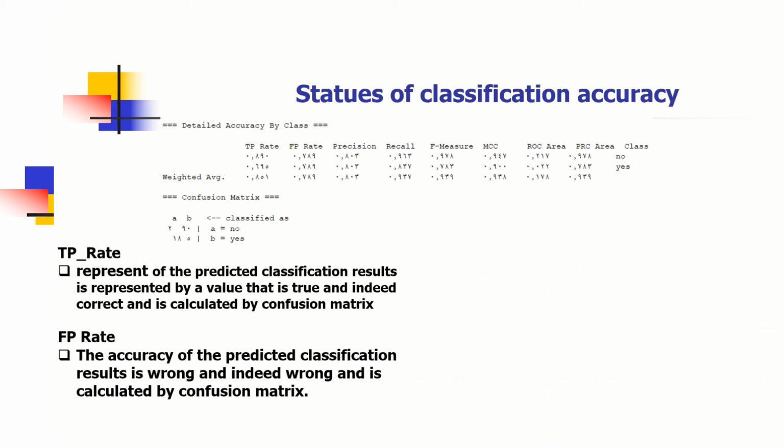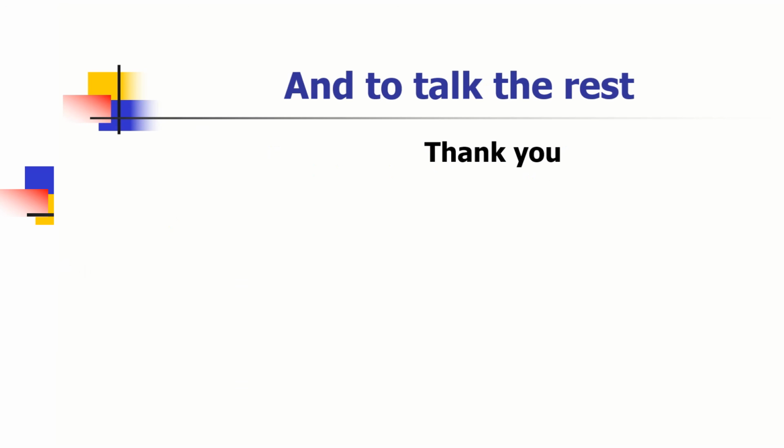Finally, for the status of classification accuracy, I can get TP rate and FP rate. TP rate represents the predicted classification result, represented by a value that is true and indeed correct, and is calculated by the confusion matrix. But FP rate is where the accuracy of the predicted classification result is wrong and indeed wrong, and is calculated by the confusion matrix. Thanks.